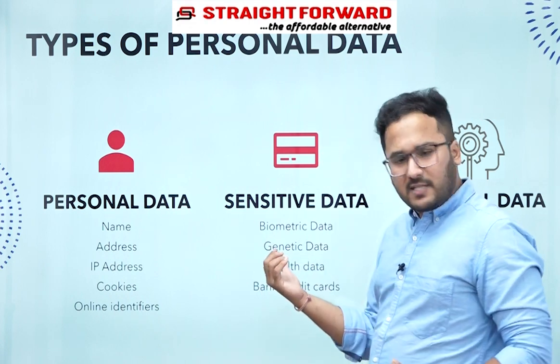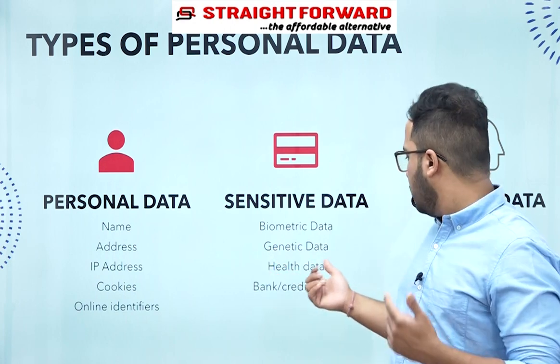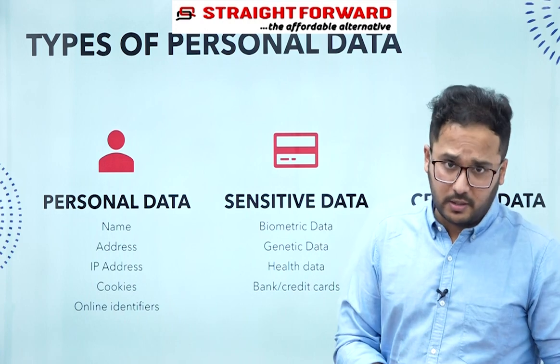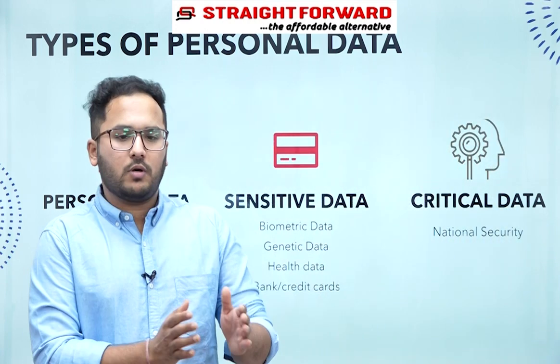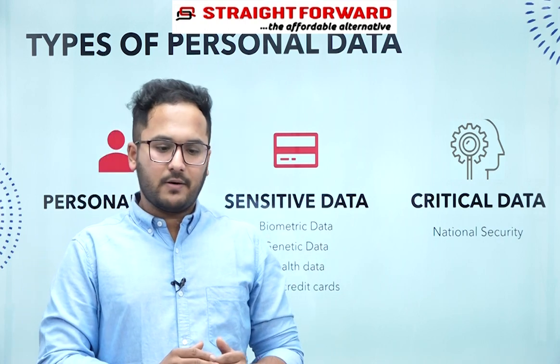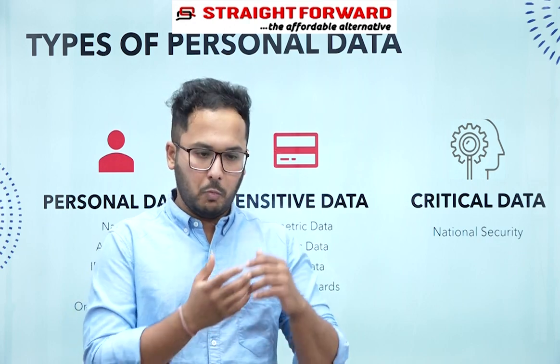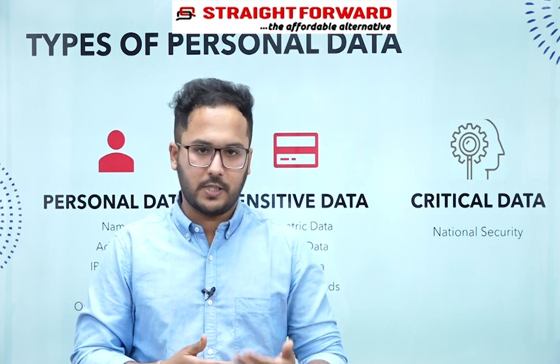If I talk about sensitive data, it includes biometric data, genetic data, your health, bank and credit card numbers, because this information is a bit more sensitive in nature than ordinary personal data, and it demands an extra level of protection while dealing with its processing.